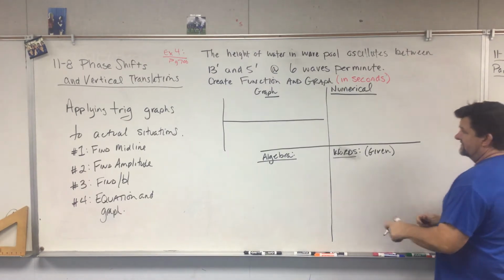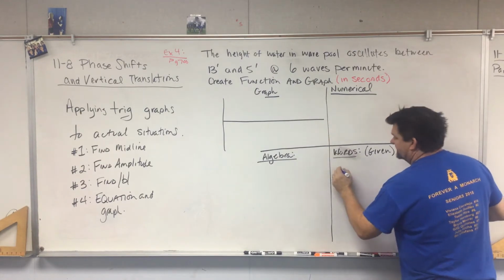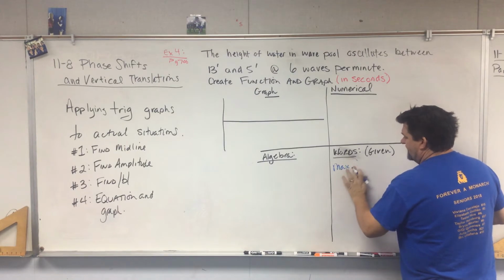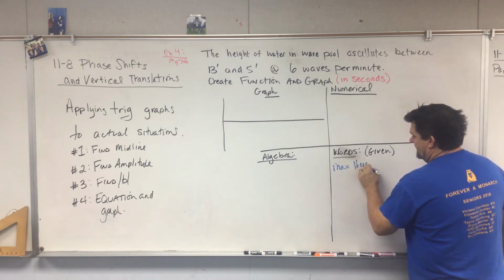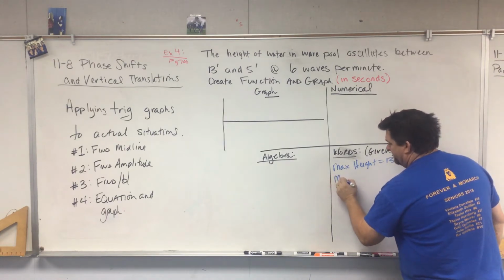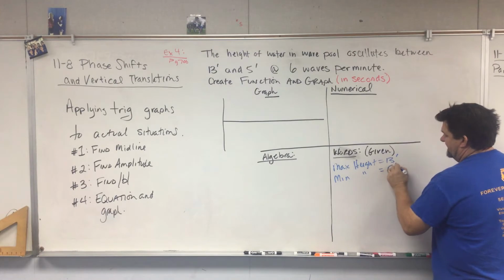So let's write our information. Max height is equal to 13 feet. Minimum height is equal to 5 feet.